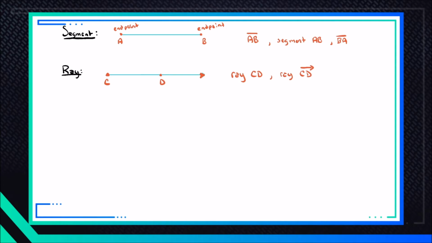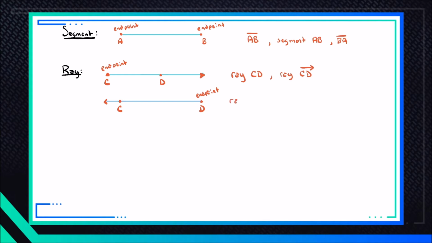All right, if I draw this same exact ray, and we reverse the flow, we put the arrowhead over here, point C right here, and point D is our endpoint. So in this first one, point C was our endpoint. The second one, point D is our endpoint.